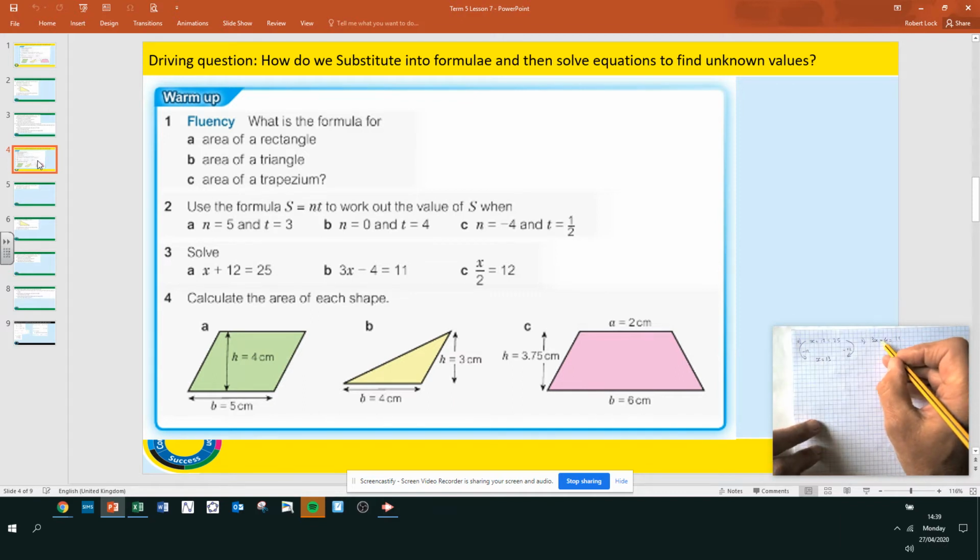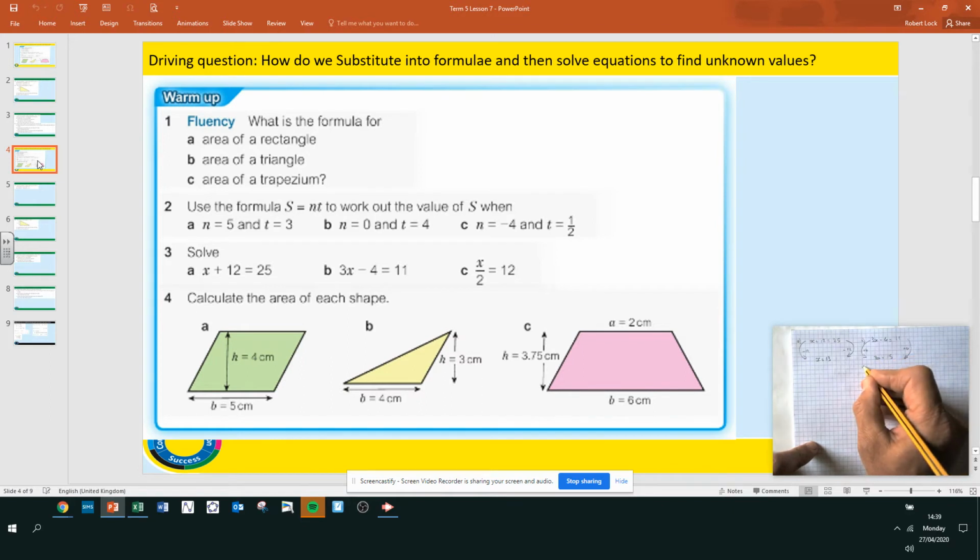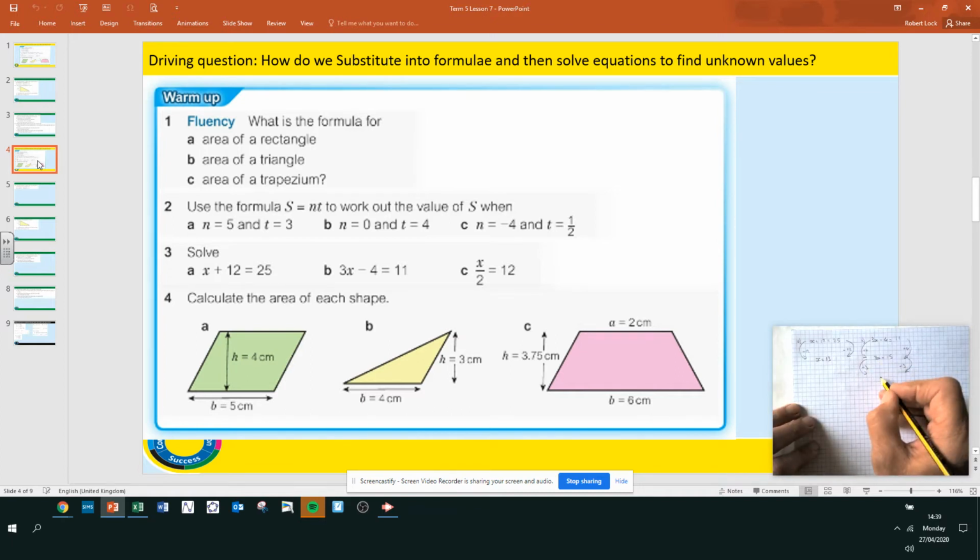To get rid of the minus 4, we need to add 4 to both sides. We end up with 3x equals 11 plus 4, which is 15. Then to get rid of the 3, we divide both sides by 3. 3x divided by 3 is x, equals 15 divided by 3, which is 5.